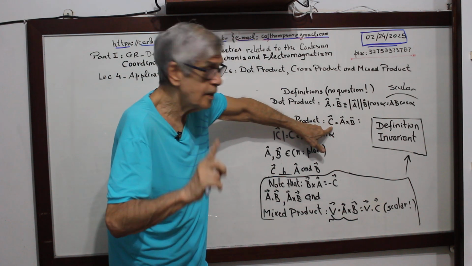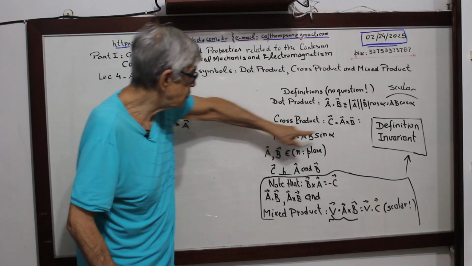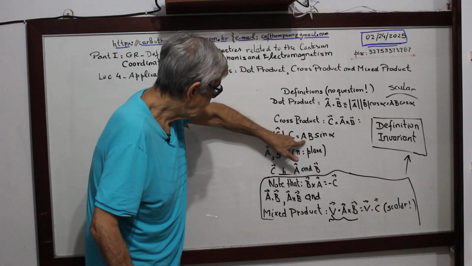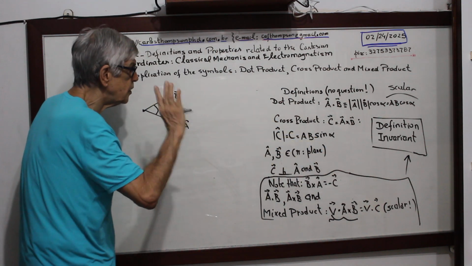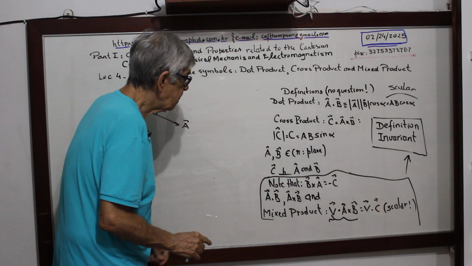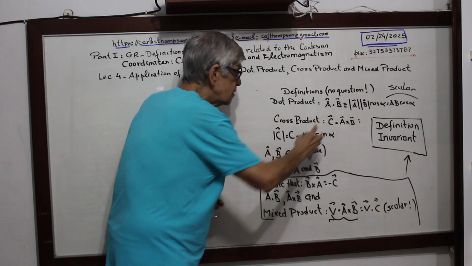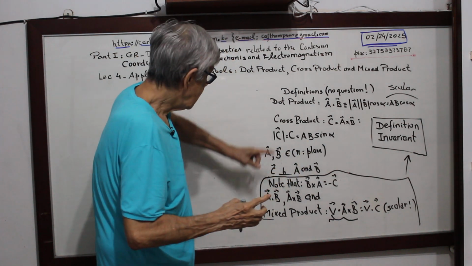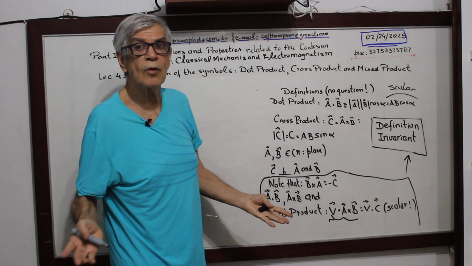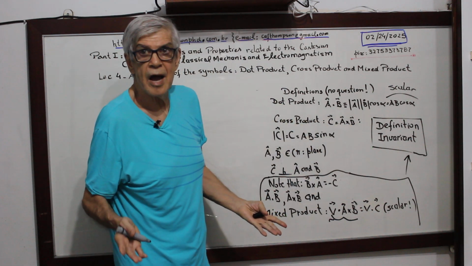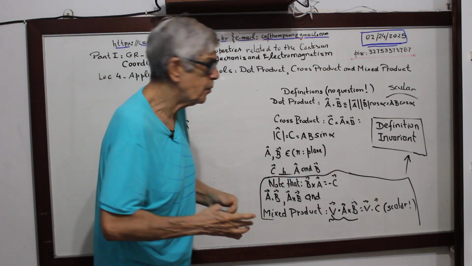By definition, A cross B. The size of this product is AB sine alpha, by definition again. But because C is a vector, the size of A cross B is not enough. I have to define the direction because it's a vector.